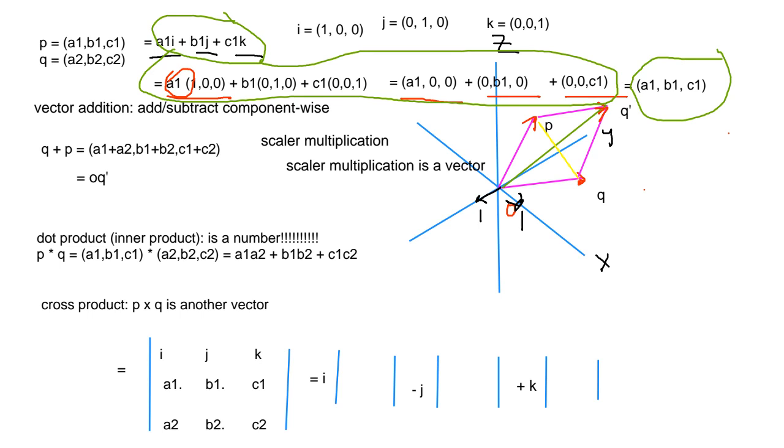So let me change my color. So when I do the I component, I'm going to ignore this column, ignore this row. I'm going to take B1, C1, B2, C2. So to calculate the I component, we put B1, C1 inside this bar, B2, C2 inside this.